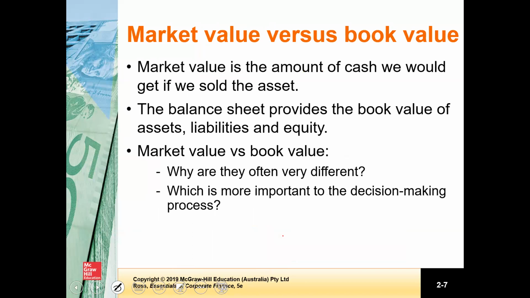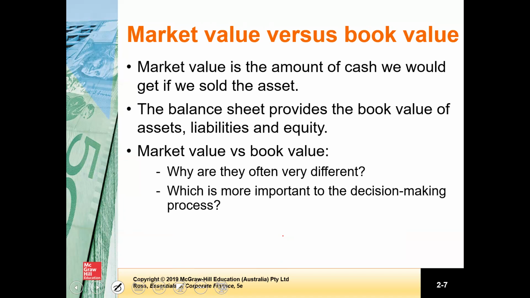In market value versus book value, the true value of any asset is its market value, which is simply the amount of cash we would get if we sold it. In contrast, the values shown on the statement of financial position for the firm's assets are book values, which generally are not what the assets are actually worth.